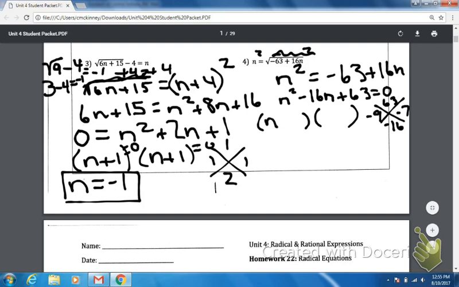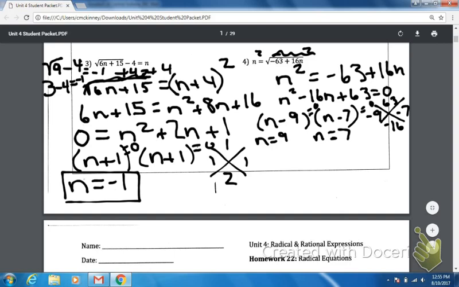So in my factors, I have n minus 9, n minus 7. So now when I solve and set those equal to 0, n is equal to 9, n is equal to 7. So we need to see if one or both of those work as our answers.